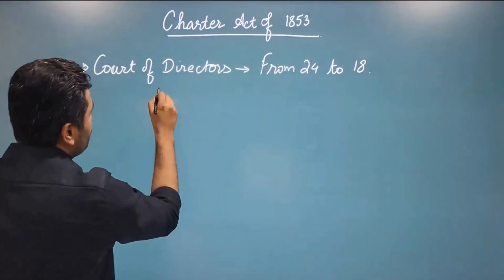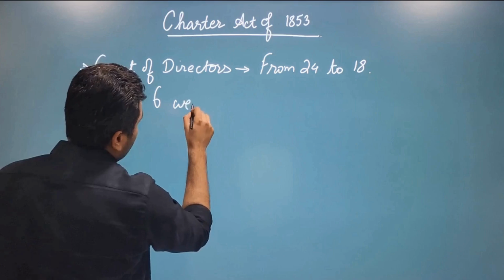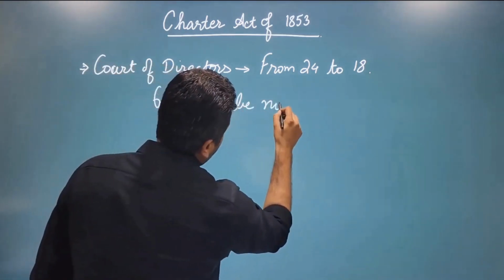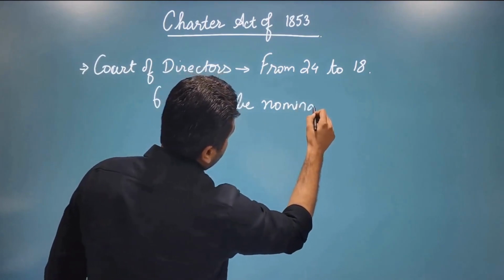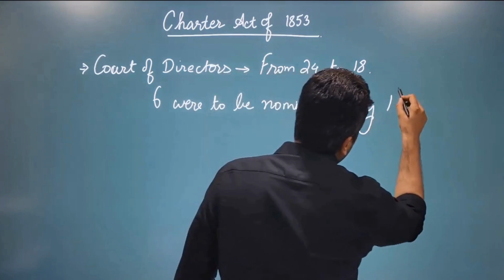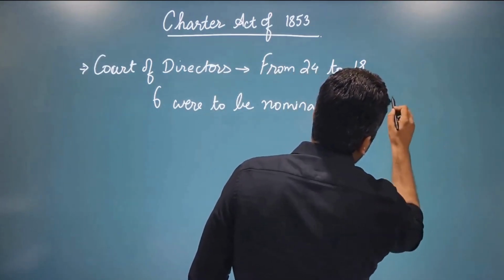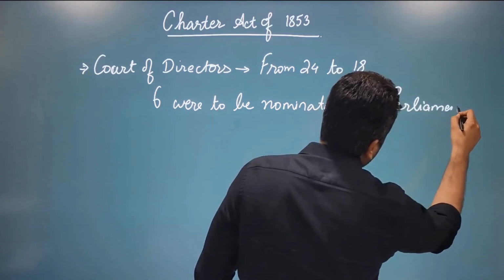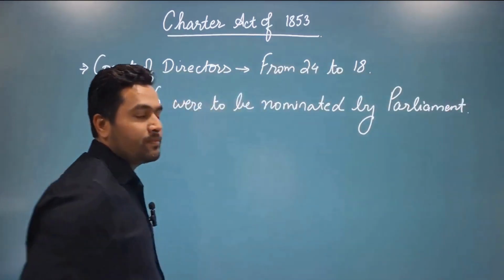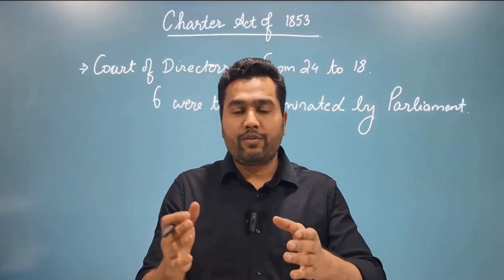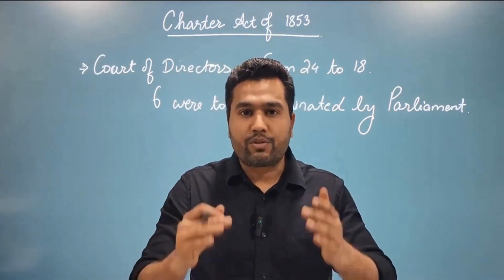Now here also 6 were to be nominated by Parliament, or were to be appointed by the Parliament. So effectively, the strength of the Court of Directors was reduced.